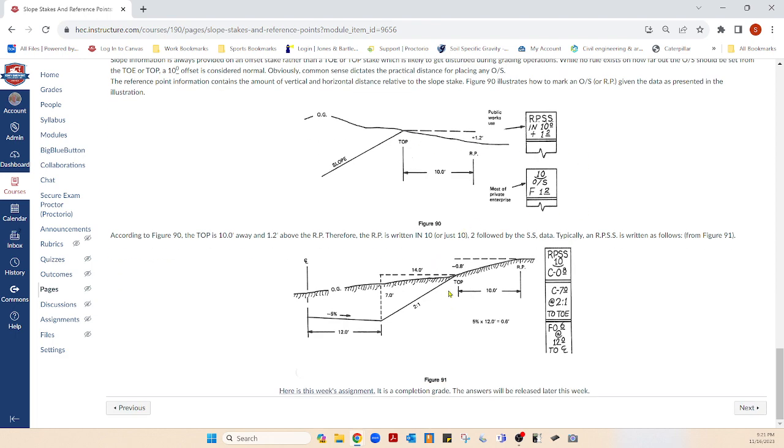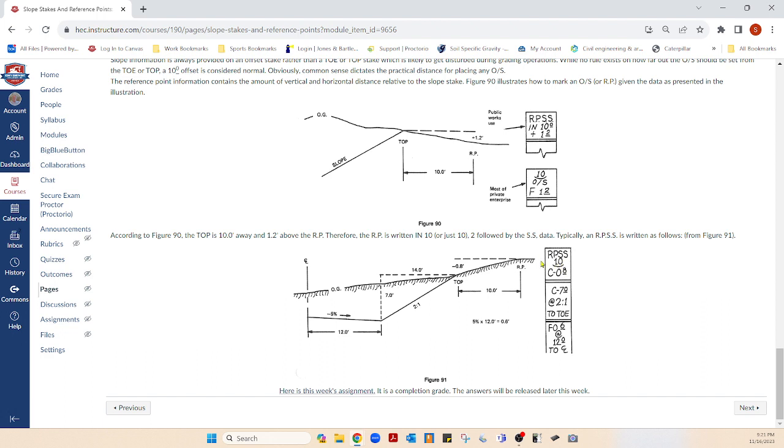When we're looking at this one right here, it's got a little bit more of a chore to it. So the reference point to slope stake is 10 feet. Now, it's right here, and it's telling us where to set our top stake right here. We want it lower down 0.8 and we want it 10 feet away.